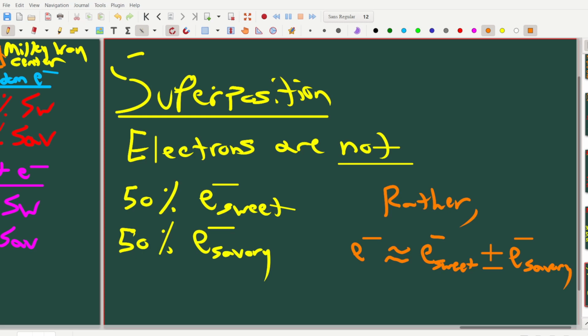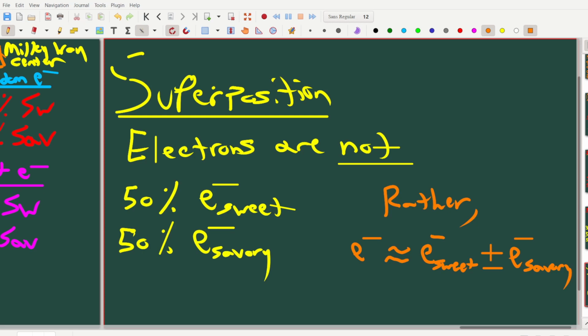They're both at the same time, always. They have both properties. And what we're going to find out is that it's not, so here's the difference. When I write it like this, think about it chemically, right? You have a chemical distribution of sweet electrons and savory electrons. They have no energy difference, so you get 50-50 at all temperatures.